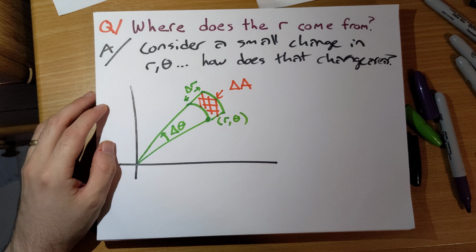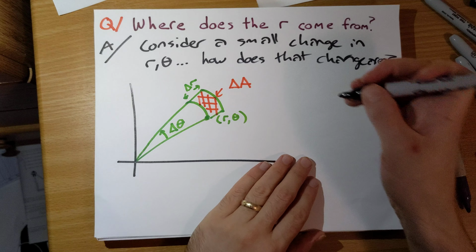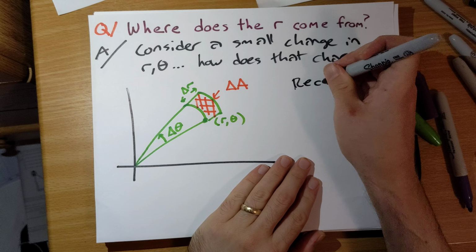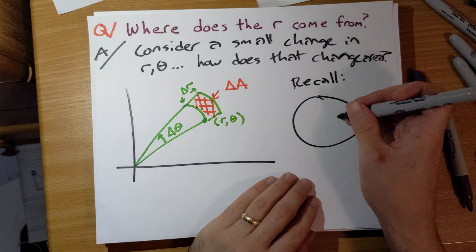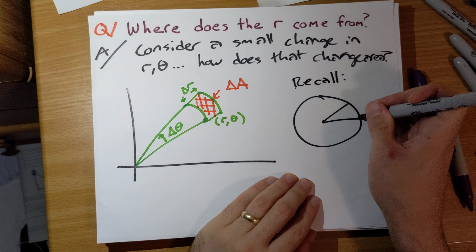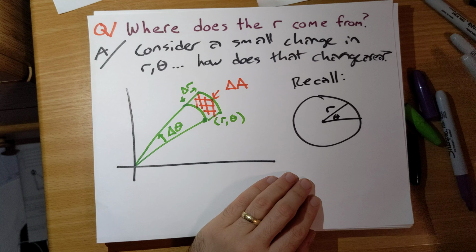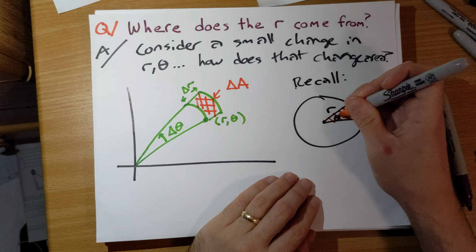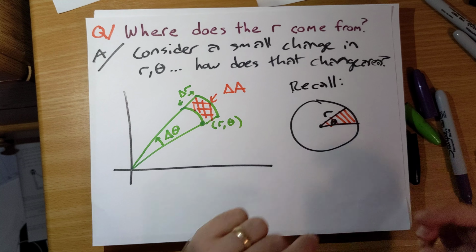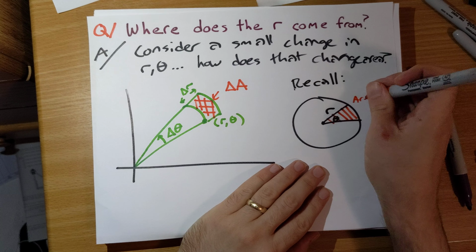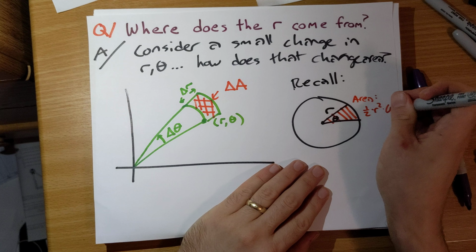So the question is, how does this change in area relate to the change in r and the change in theta? In order to answer this question, we need to recall a high school geometry fact. If we have a circle of radius r and we want to find a sector of the circle with angle theta, the area is 1/2 times r squared times theta.